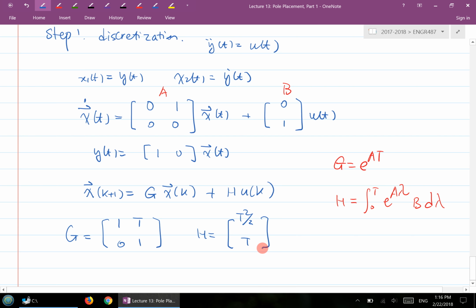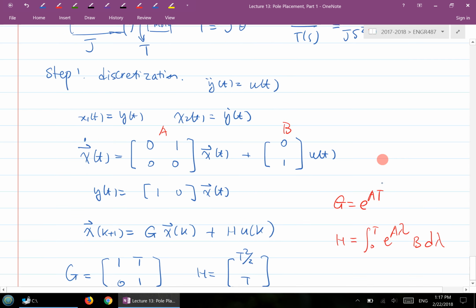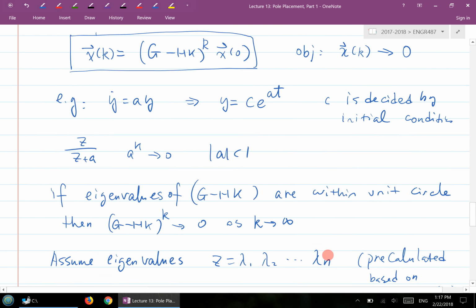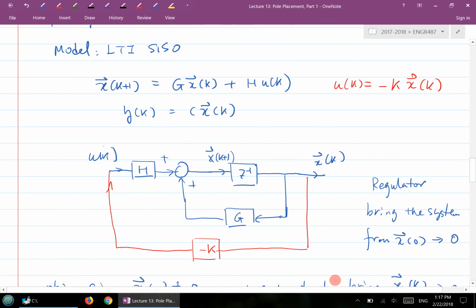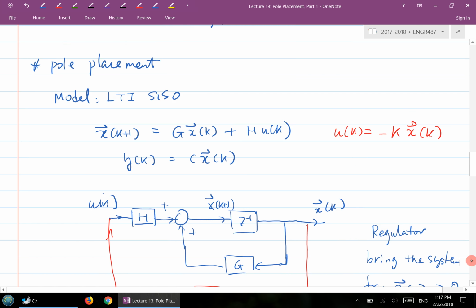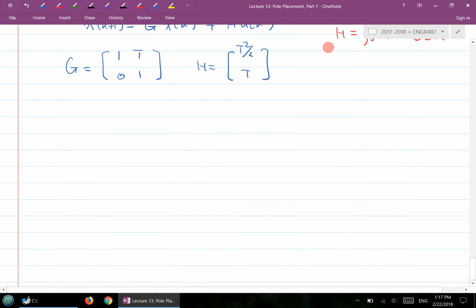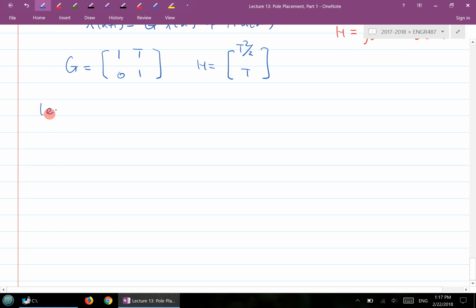Okay, that's it. So that sets up the stage for the next controller design, which is the pole placement we're talking about here. We're designing a pole placement controller like what I said here. So basically, u of k equals negative K times x of k. The K matrix is what we're looking for. I don't know what the K matrix is yet, so let's select it. Let K equal this vector here.